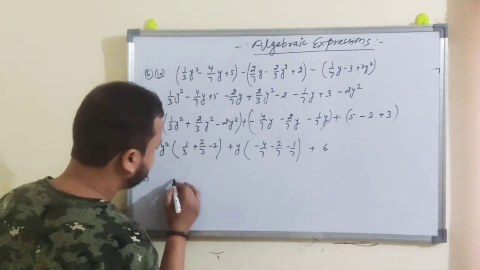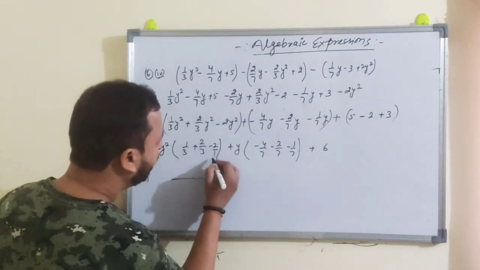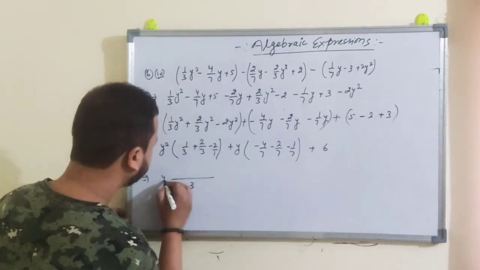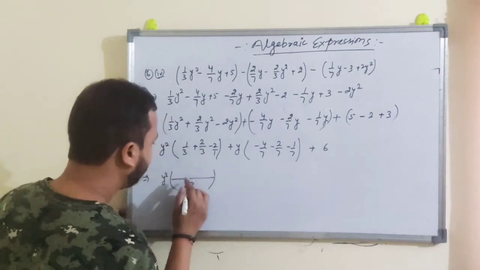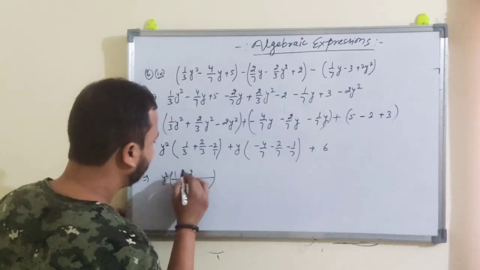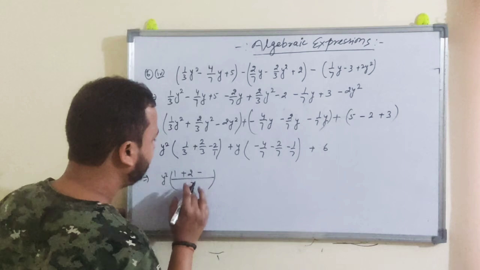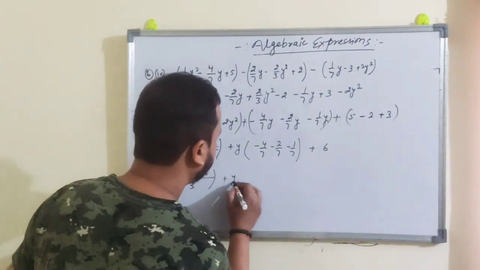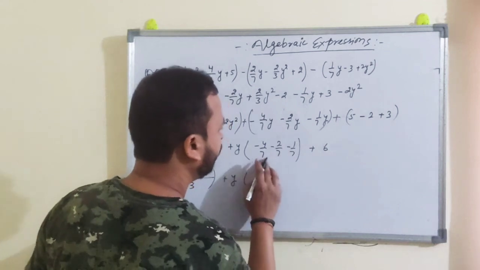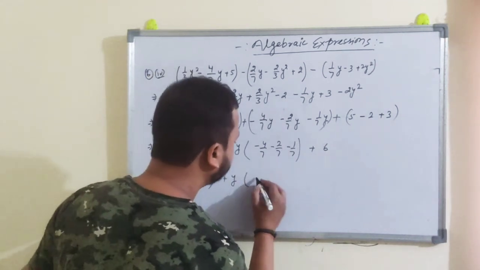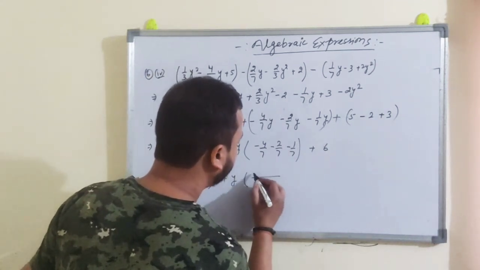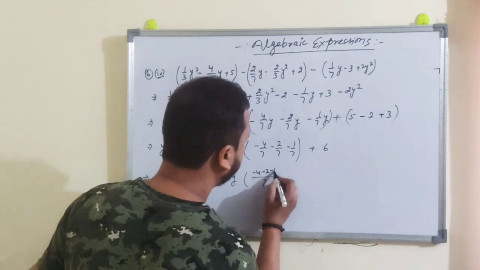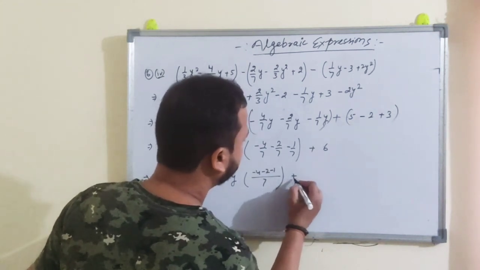Now take the LCM. 1 and 3, LCM is 3. 3 ones are 3, 3 ones are 3, and 1, 3 threes are 3, so 3, and 2 is 6. Plus y. Here both have the same denominator, so you can simply add them. Minus 4, minus 2, minus 1, and plus 6.